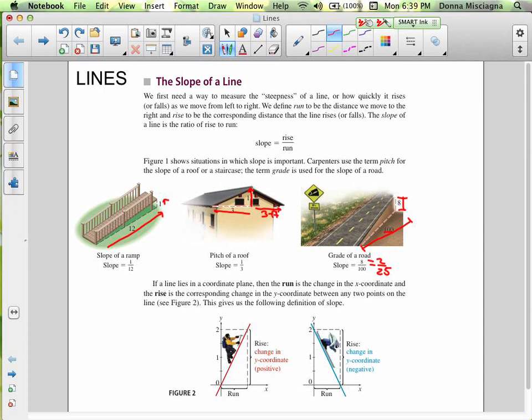So if the line rises left to right, we have a positive rise, so this is a positive slope. If the line falls left to right, then we have a negative slope.